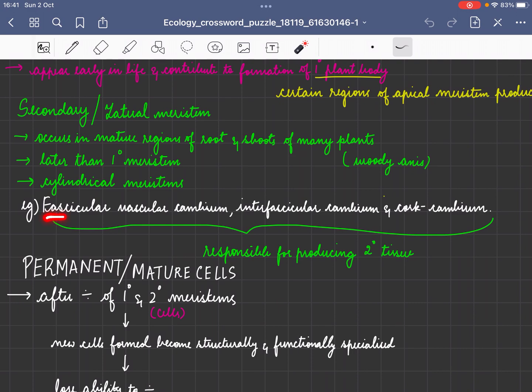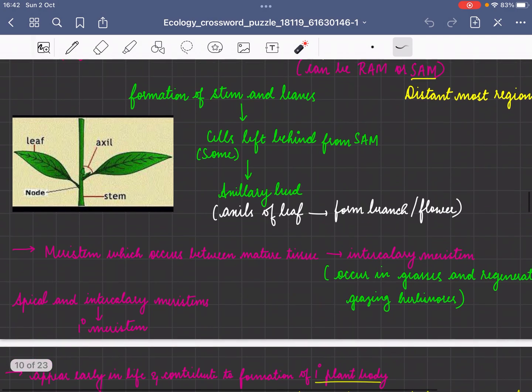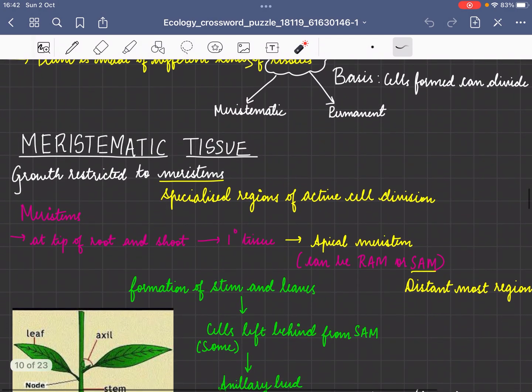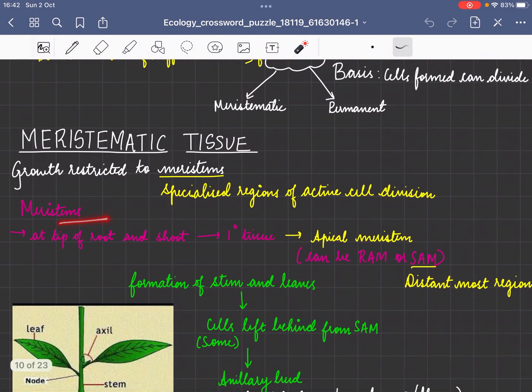So basically you have three: vascular cambium, interfascicular cambium and cork cambium. You should remember all of these. All three are responsible for producing secondary tissue. Now, what was responsible for the production of primary tissue? We read that it is the apical meristem, the meristems at the tip of the root and the shoot.